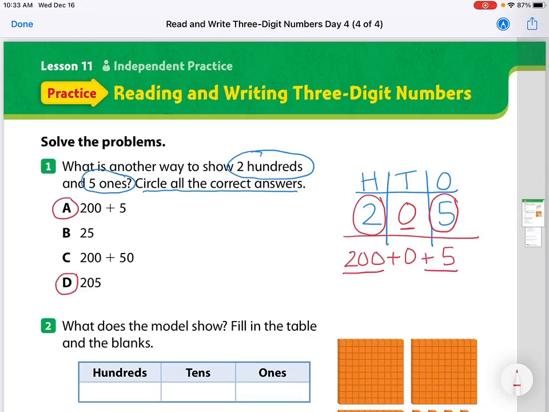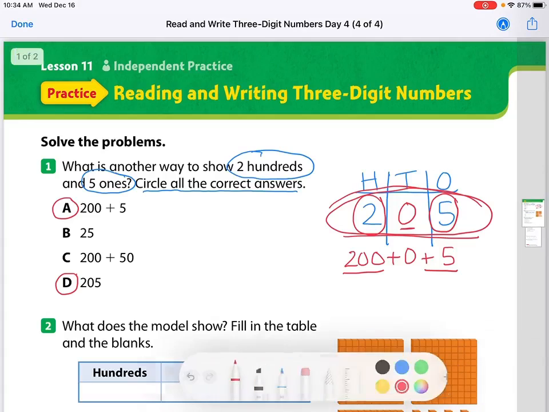So I can see my 200 plus 5 right there. So I know that A is correct. 205, D, I know that is correct because when I just look at my 3 digits in my chart, I can see 205.